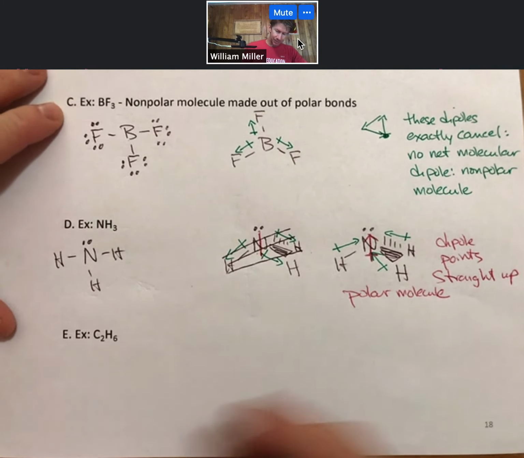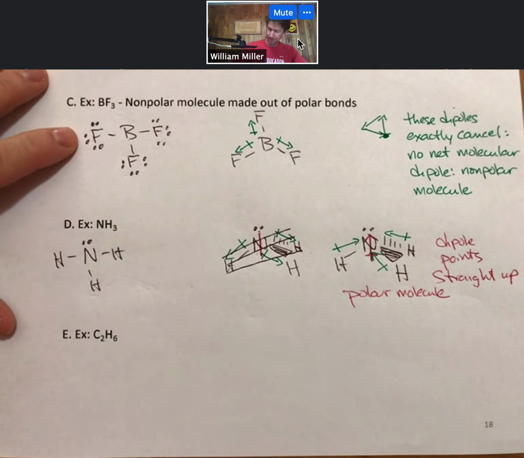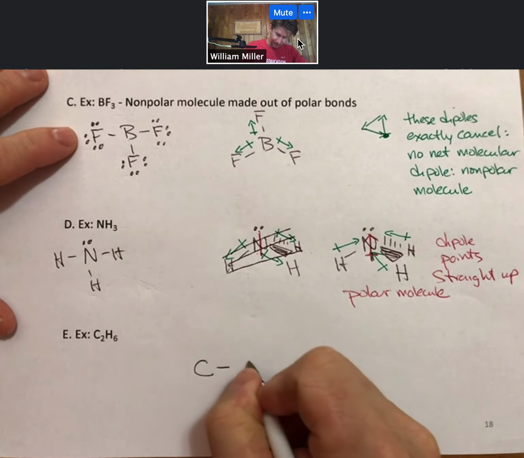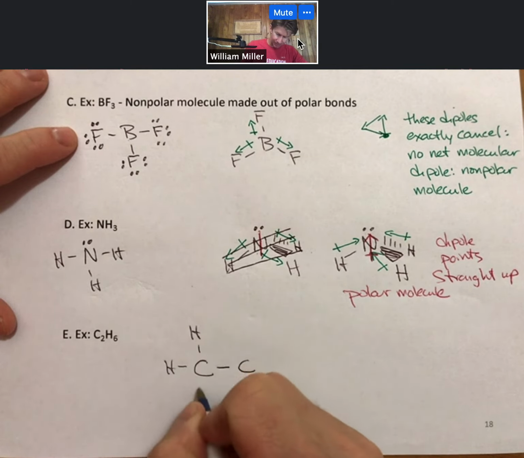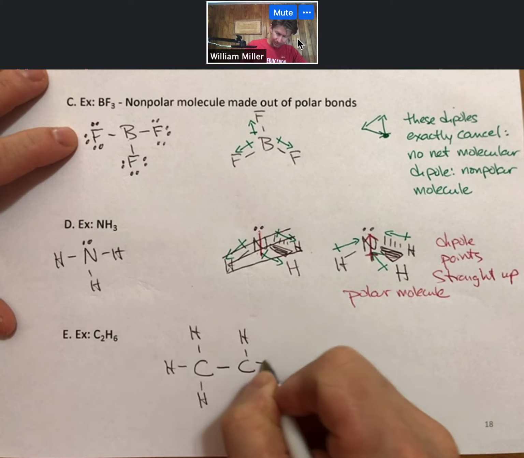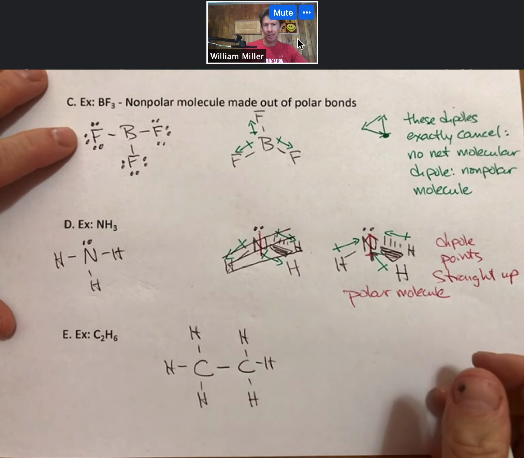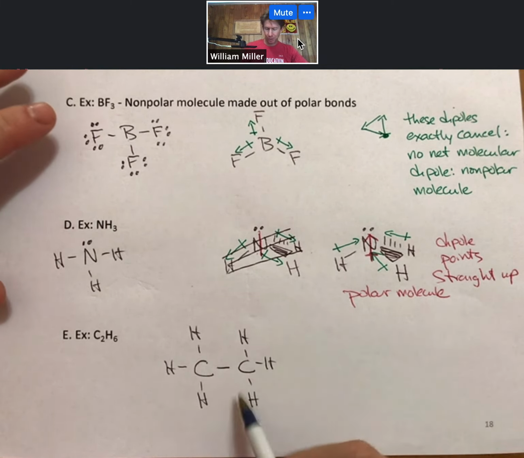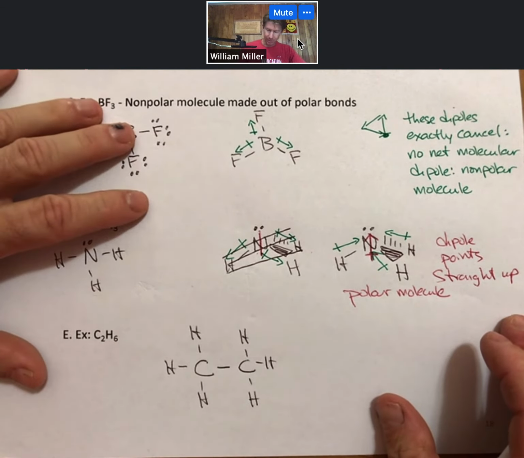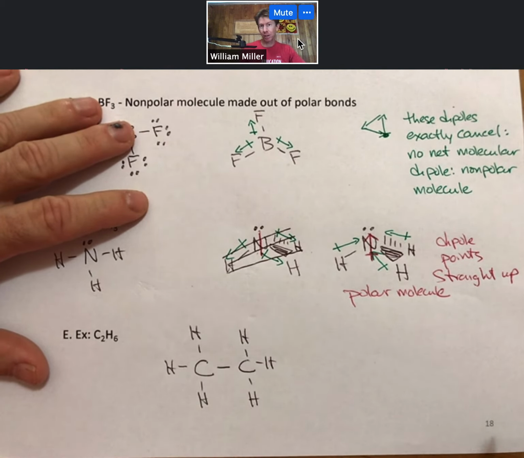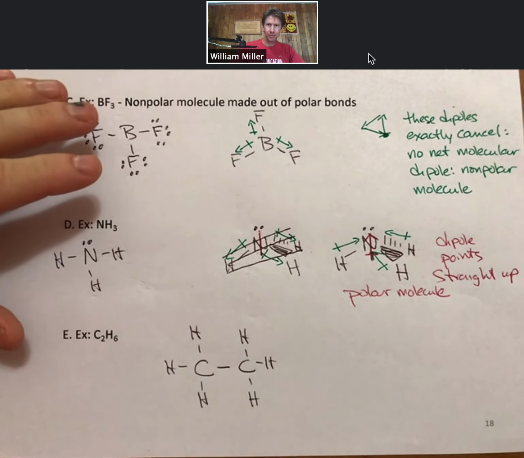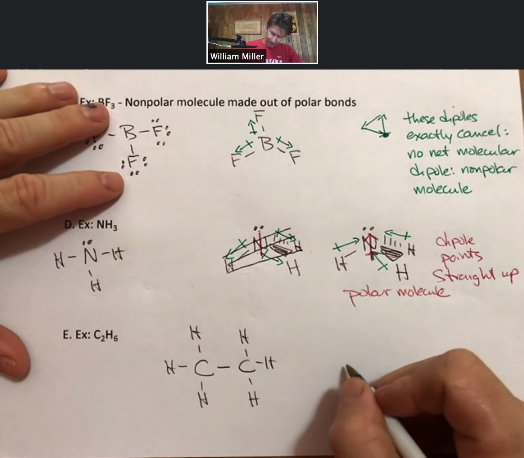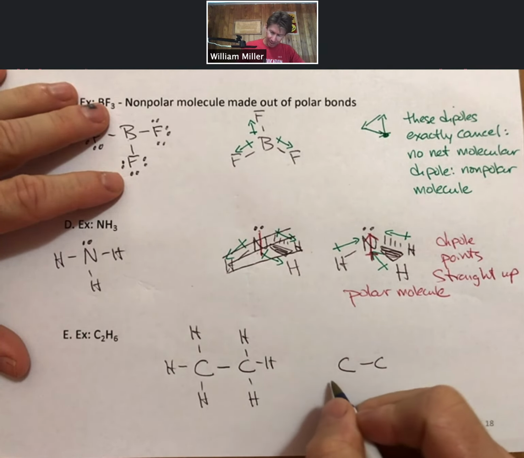Next one we want to do is C2H6. And we'll draw its Lewis structure. And we'll come up with a new rule of thumb for this one. Now I'm going to go ahead and draw this in what's called a double tetrahedral. And I will not ask you to do this. Let's see.